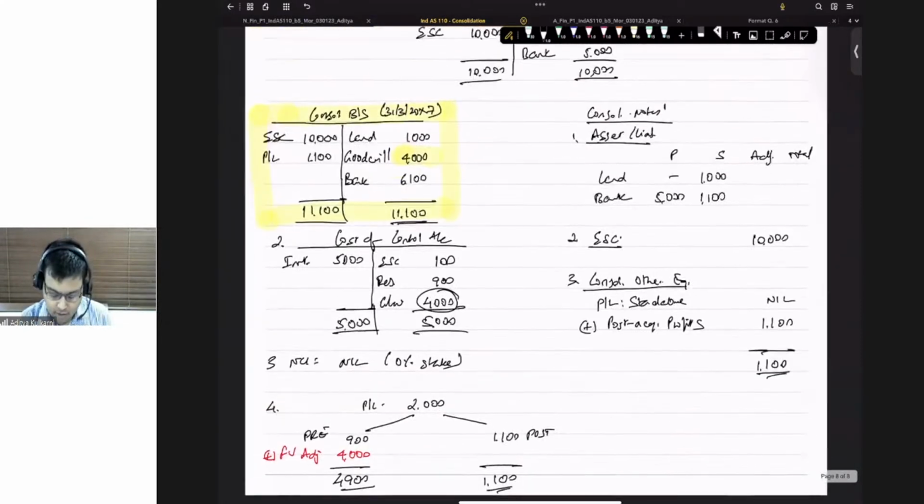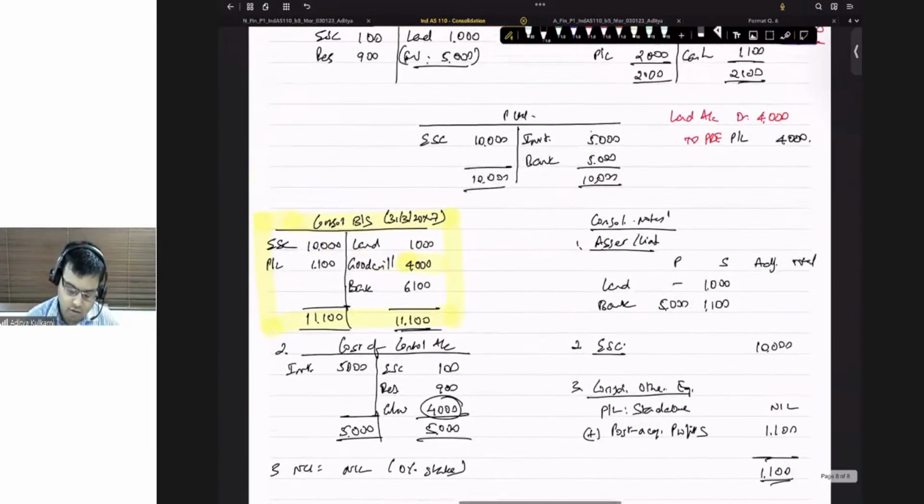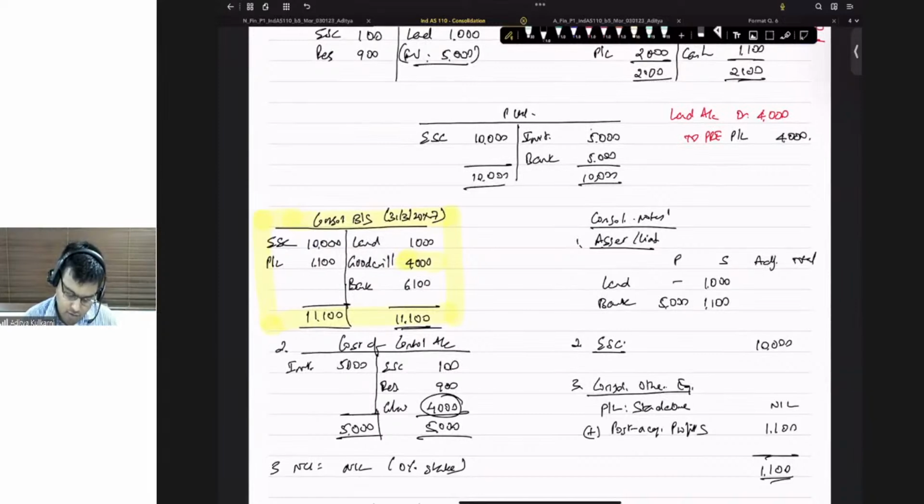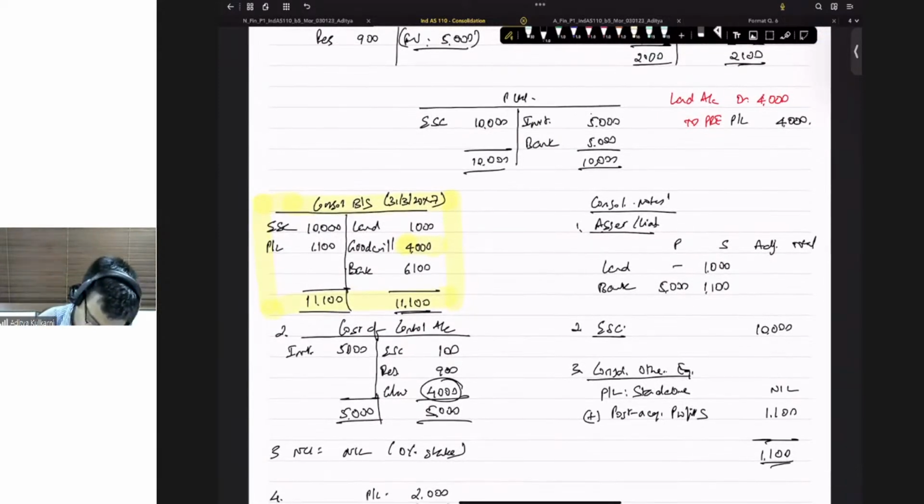This 4,900 goes to COC account. So I have prepared my COC account here. Here my pre-reserves will be 4,900, resulting in a zero goodwill, because the account tallies.